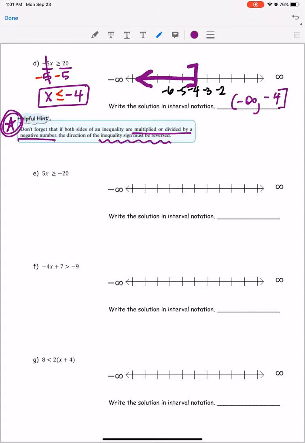Now, D and E can sometimes be very easily confused with each other. On E, to get x by itself, I need to divide by 5.